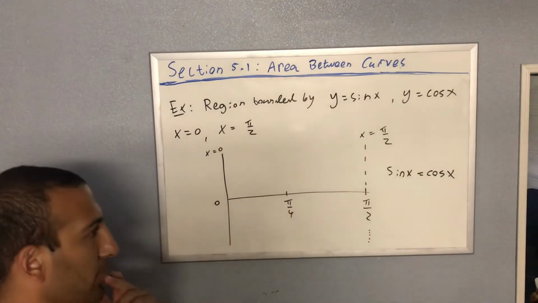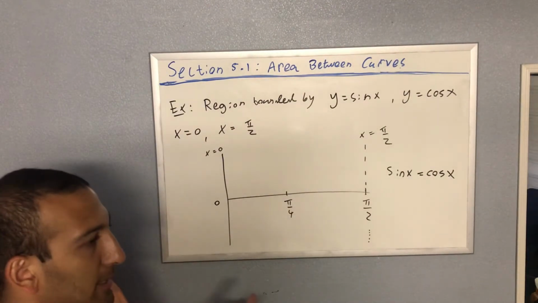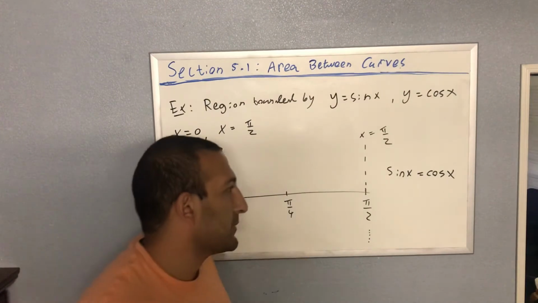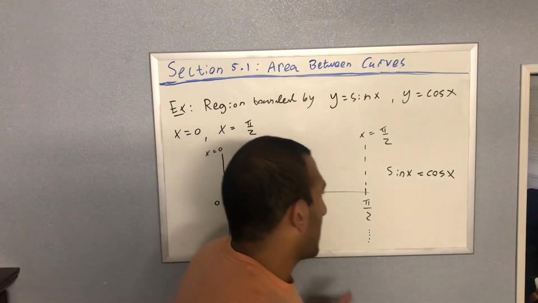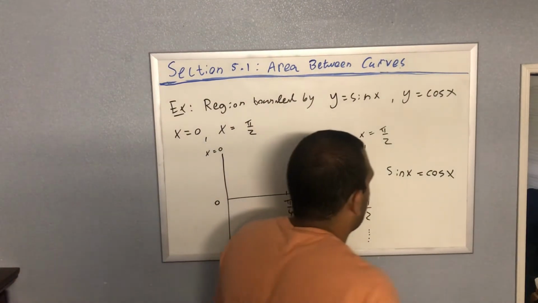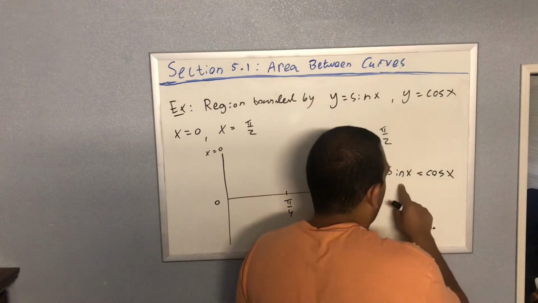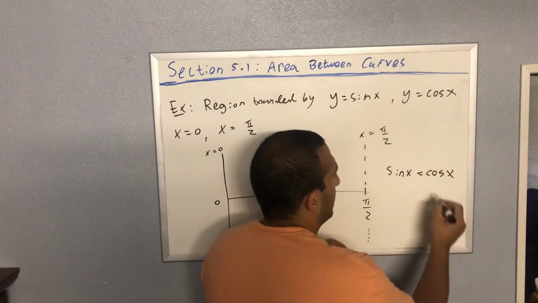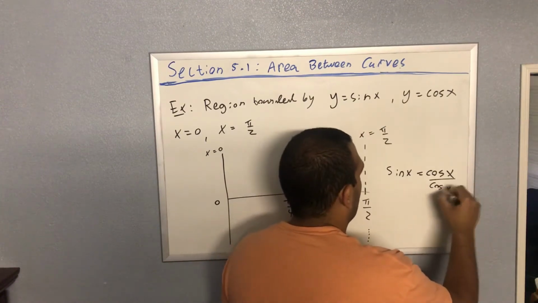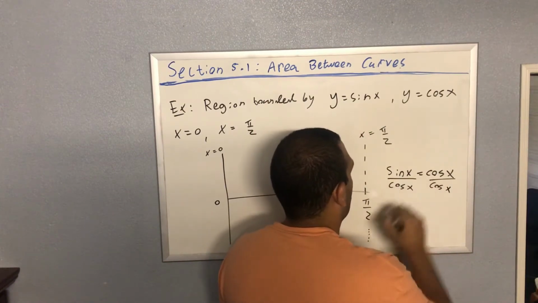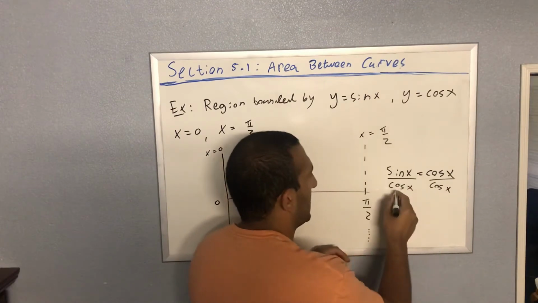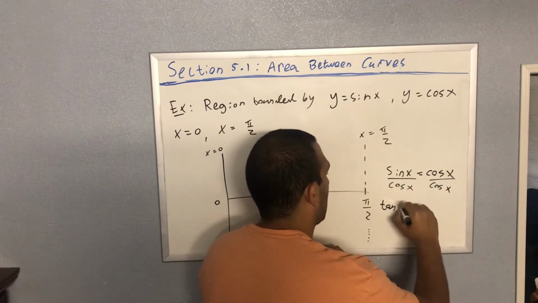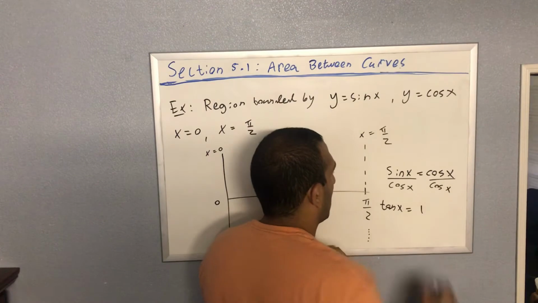Either you remember from trig, geometrically, why that point is pi over 4, or another way of doing it is, if you divide both sides by cosine, then you would get sine over cosine, which is tangent, and this is just 1.